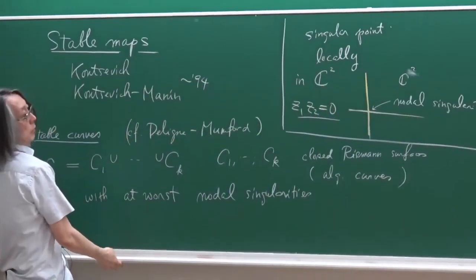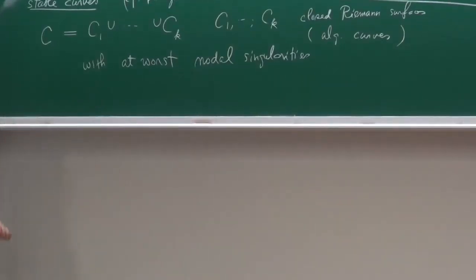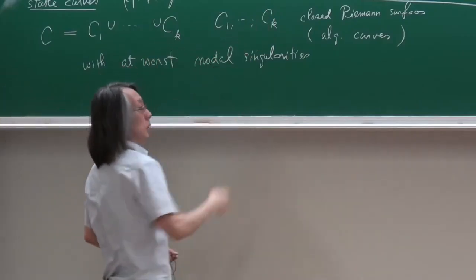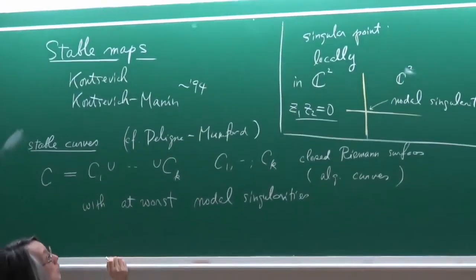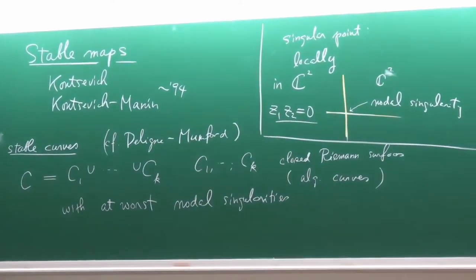So we consider, say, several closed Riemann surfaces, and then just allow that kind of intersection. Here it may be vague, but people may call this a pre-stable curve.